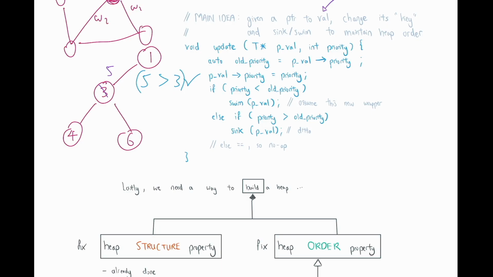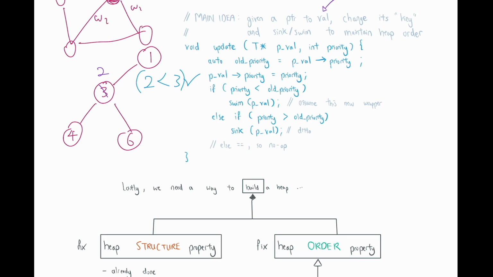Just imagine that we change this value, so 5 now becomes 2. If we update the priority to something smaller, we change to 2, and 2 is now less than 3. If it's less than the original value, then what we need to do is potentially swim.